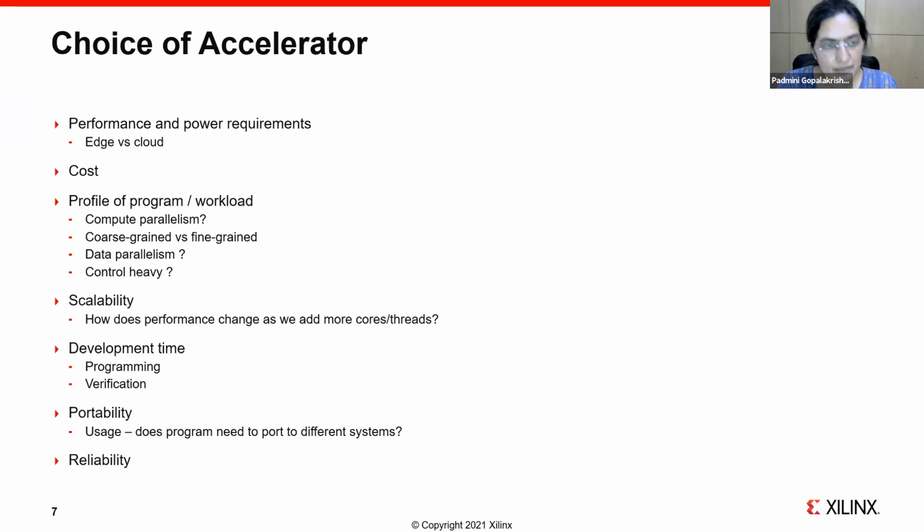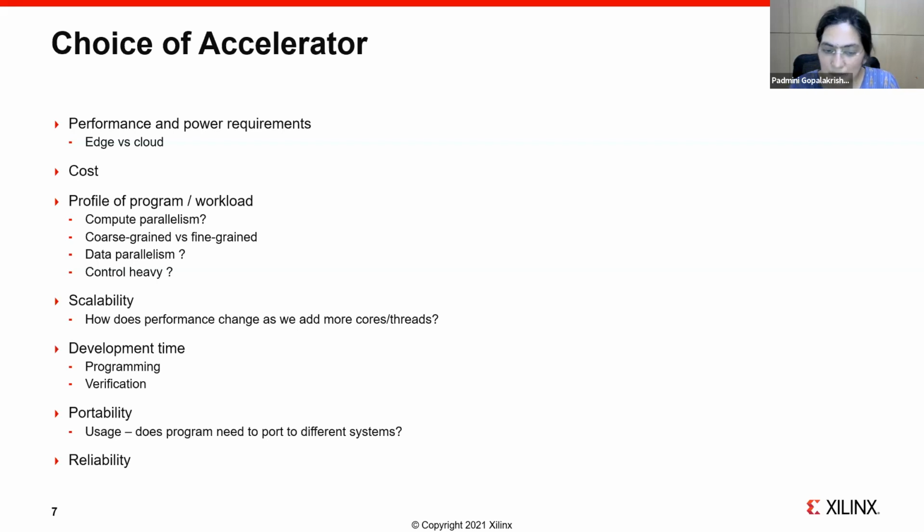These requirements also change a lot if you look at applications on the edge versus the cloud. Cloud applications are applications that run in the data center, whereas edge applications are applications that run more at the user end.